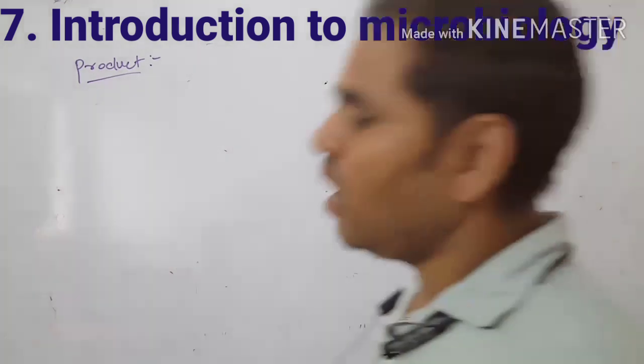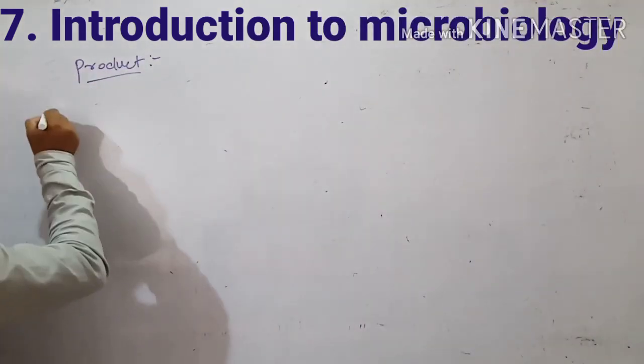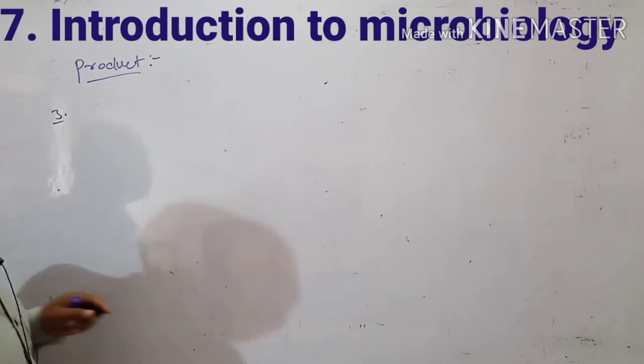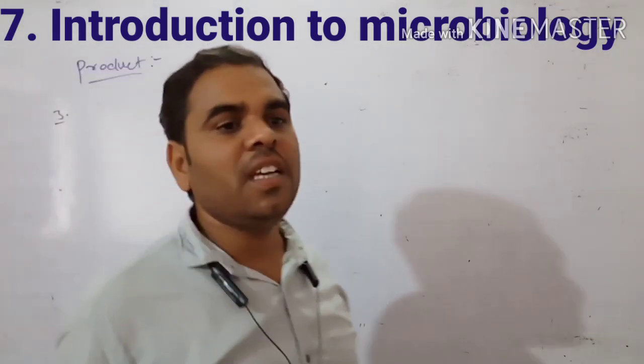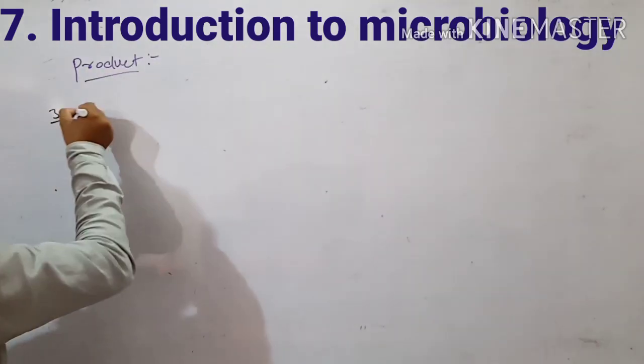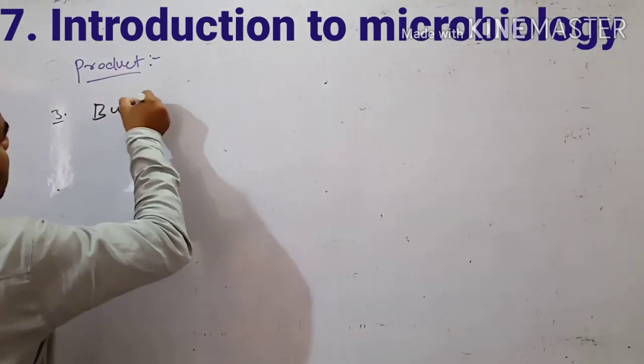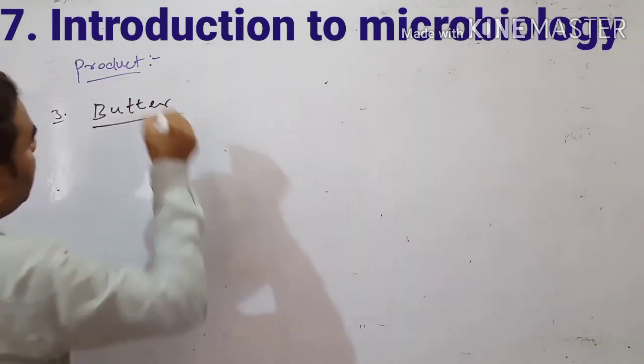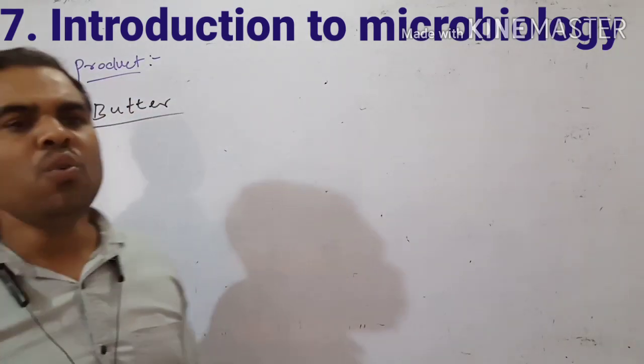Next, the third one. What is that one? Butter. Butter is prepared in two forms.